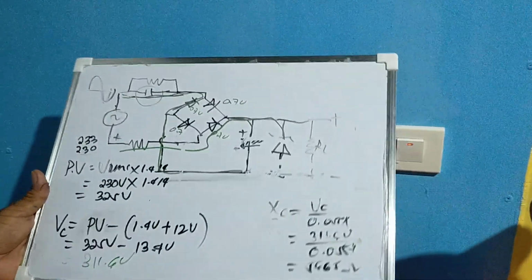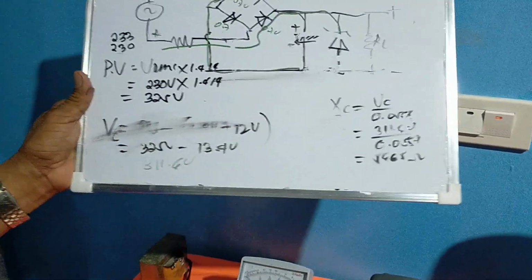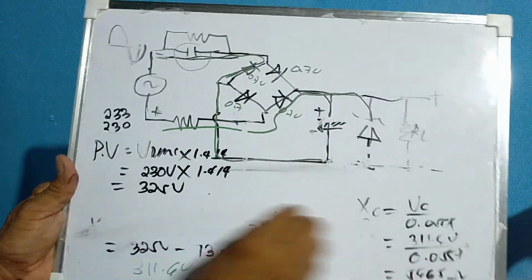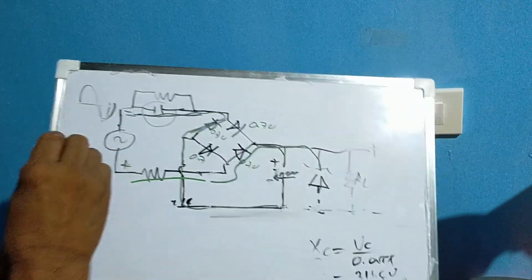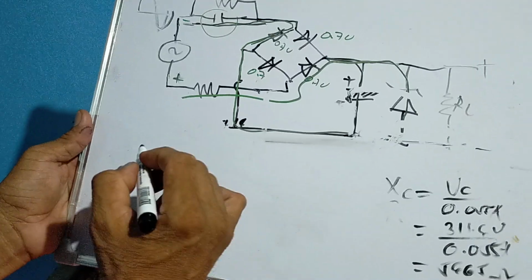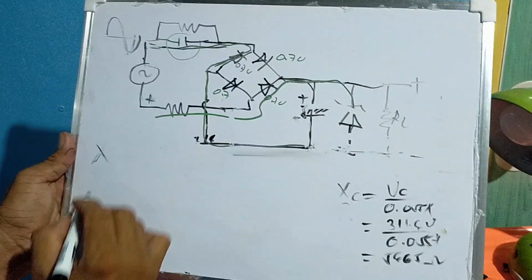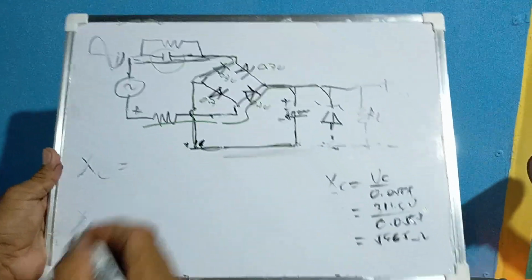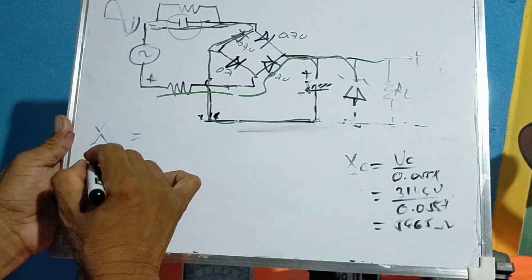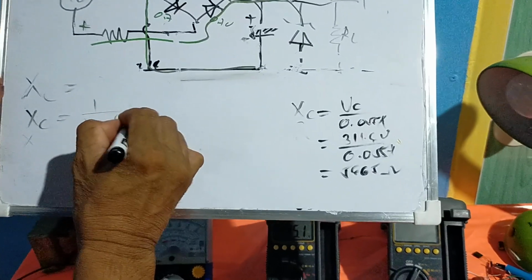Then, the next step here is to determine the capacitance. What should be the capacitance of this capacitor? So, Xc is equal to 1 over 2 pi Fc.